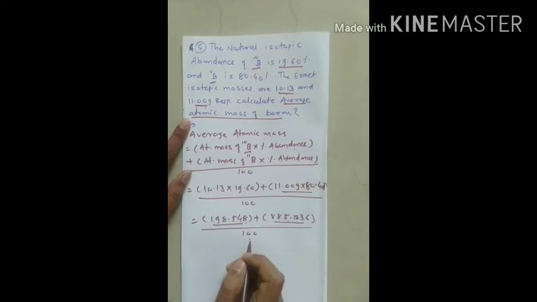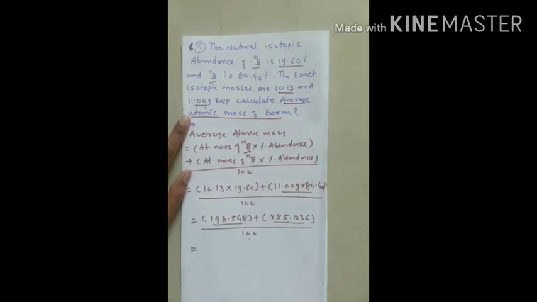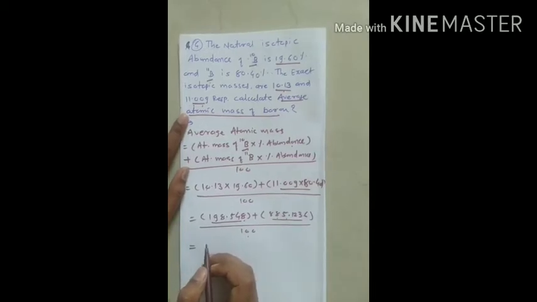Most of the time, students will calculate it on a rough sheet and directly put the answer in. That method is okay for CET, JEE or competitive examinations, but for your theory or board examination, you have to write the answer in steps. For each and every step there will be marks allotted, so this is most important.